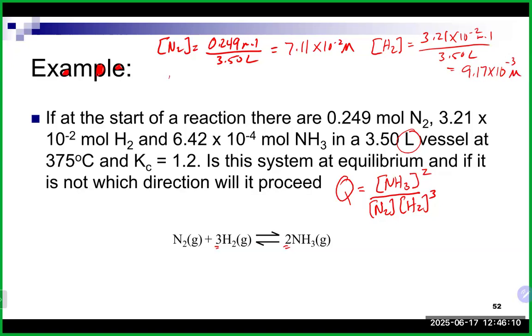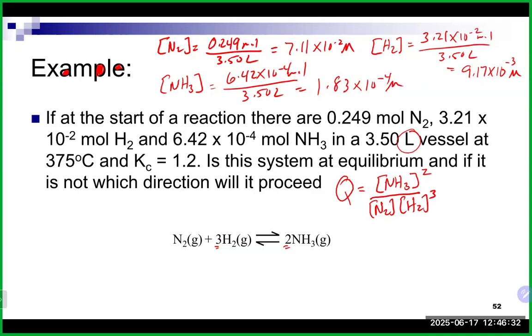And lastly, our NH3 is going to be 6.42 times 10 to the minus 4 moles divided by 3.5 liters. Going to get us here, 1.83 times 10 to the minus 4 molar.